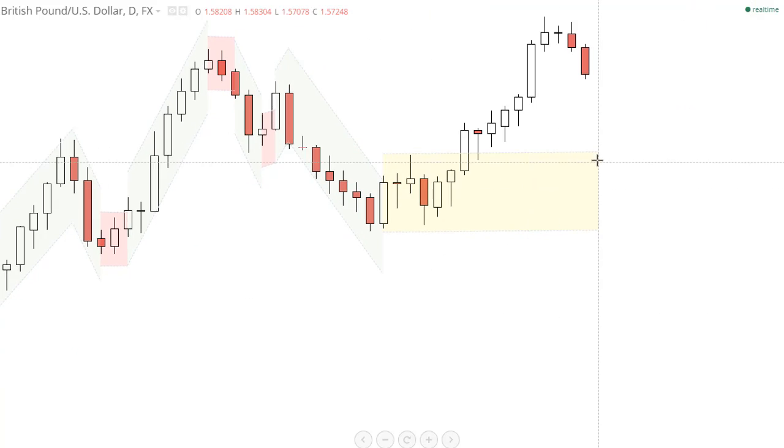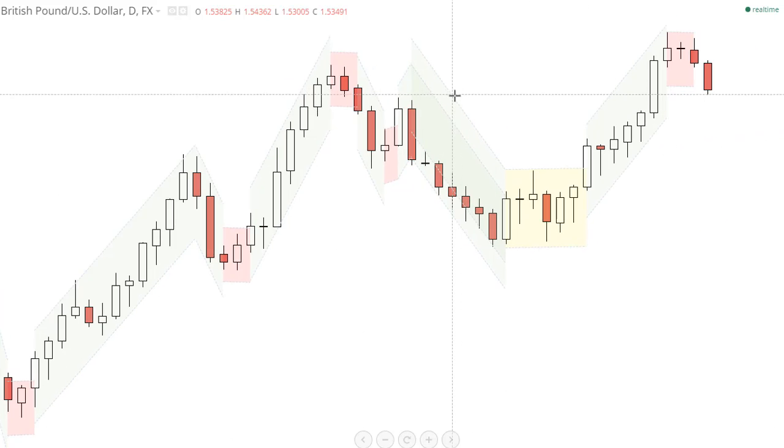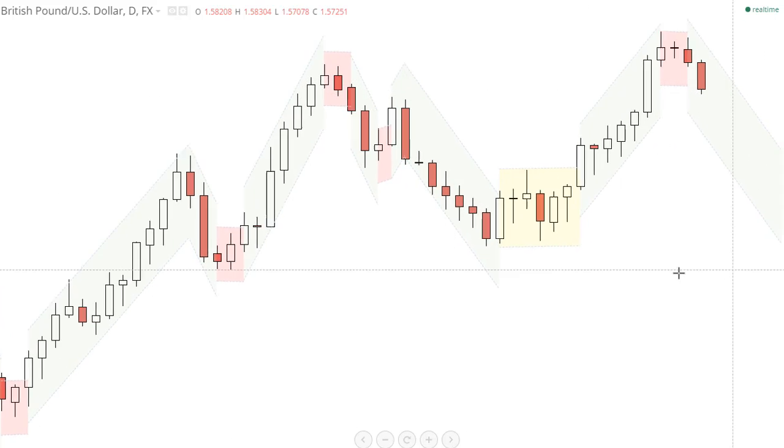It's a very small range. It doesn't last very long, but we get some ranging, and then the ranging is followed by a bullish trend, which is then followed by a transition, which is followed by, at the moment, what looks like the start of a bearish trend.